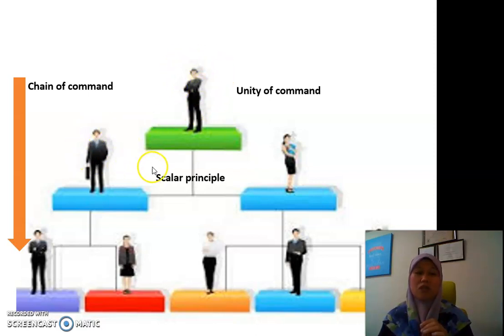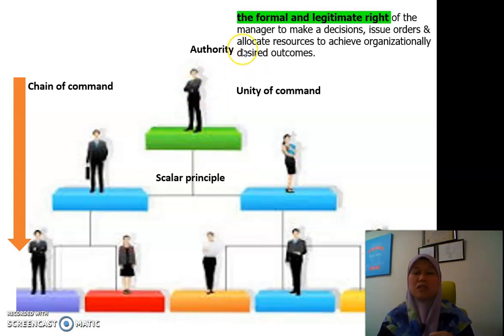When we talk about unity of command, it involves authority. Authority is very important because it is the right to make decisions, give direction, and give instructions from the top.